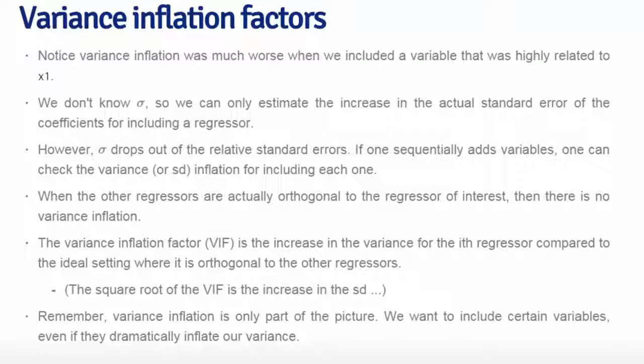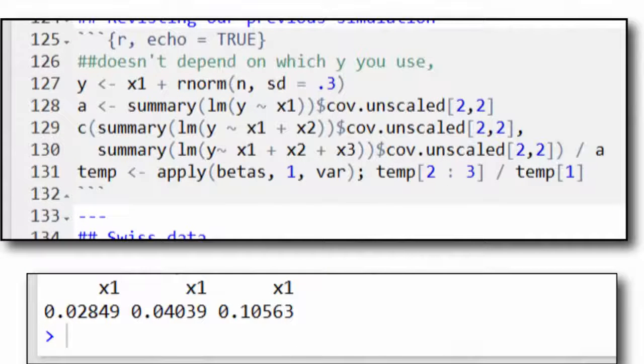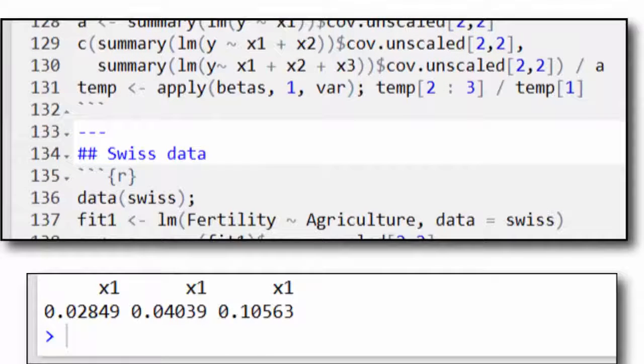So if everything else was uncorrelated to what you're interested in, we didn't see much variance inflation. So this looks at the case that you're in versus the ideal case where what you're interested in is uncorrelated with all the other variables. That's the so-called variance inflation factor. And here I give a little simulation. I'm not going to show it, where I show you via a little simulation that the ratios can get estimated pretty well.